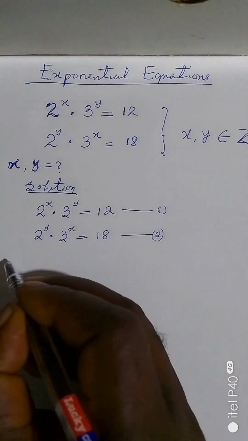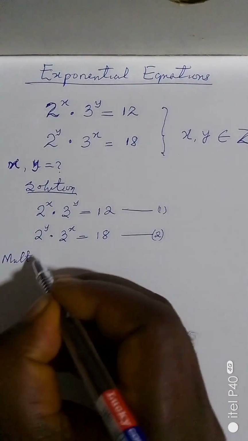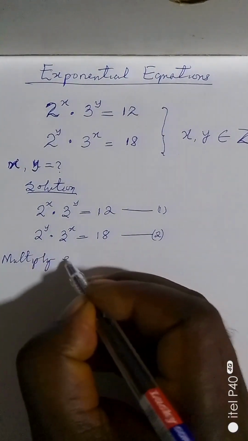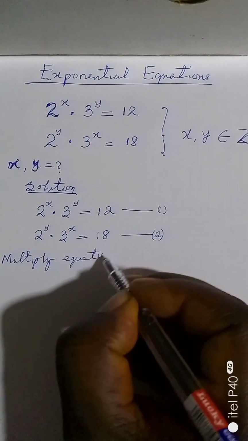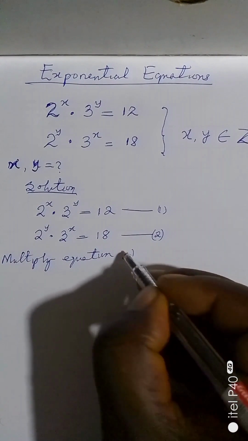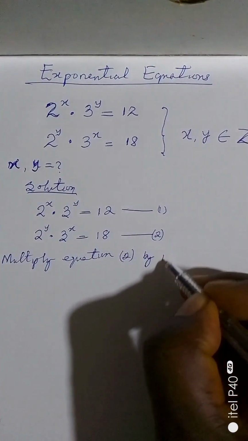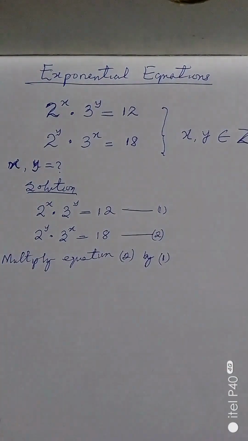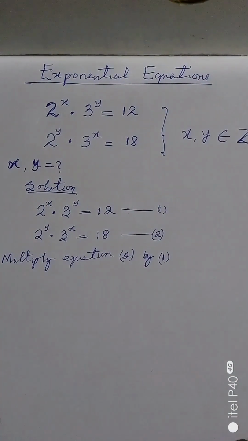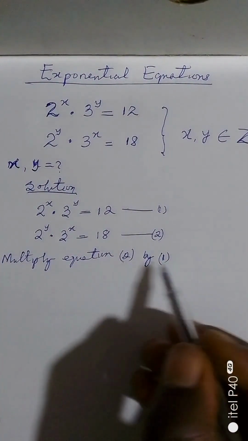So first we multiply equation 2 by equation 1. For the multiplication, there is no particular order, okay? So just for the purpose of this tutorial, I'm going to multiply equation 2 by equation 1.